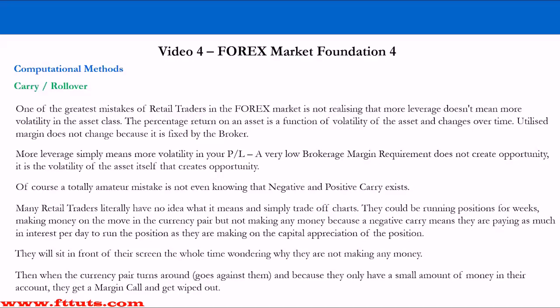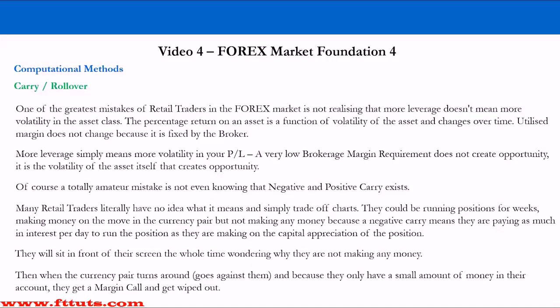And of course, a totally amateur mistake is just not knowing whether a negative or positive carry exists. And a lot of retail traders get wiped out and are in this 90-90-90 because they literally have no idea what it means. And they don't even know where to check, how to check it, what it means. And they're just simply trading off charts.